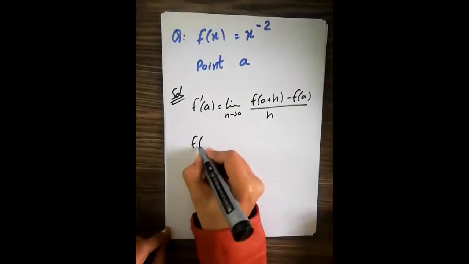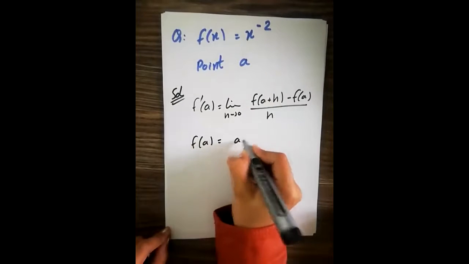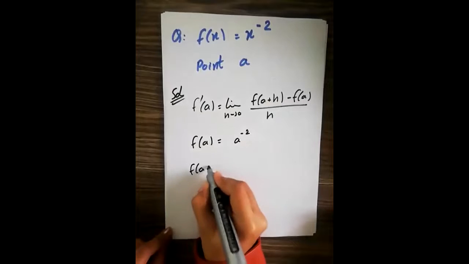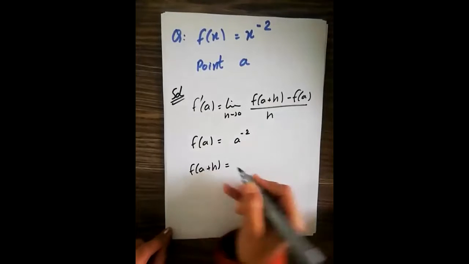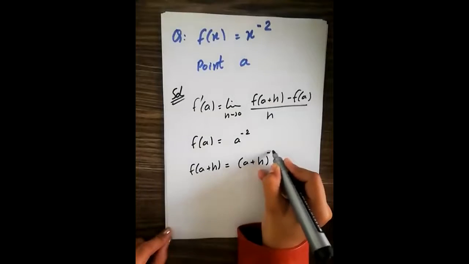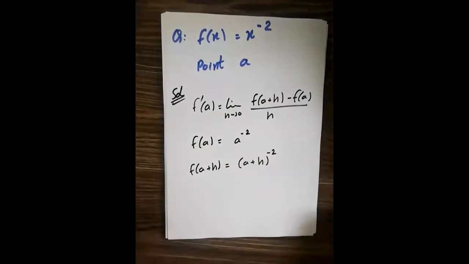So f of A is equals to a raised to power minus 2 and f of a plus h is equals to a plus h raised to power minus 2. These are the two values, f of a and f of a plus h.